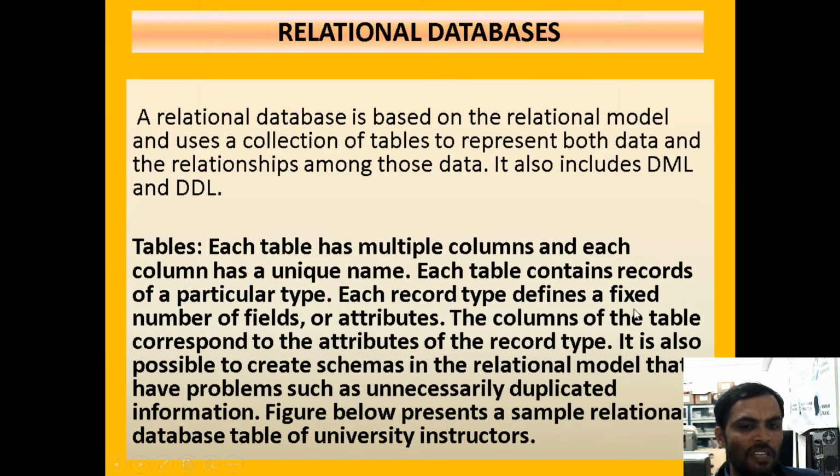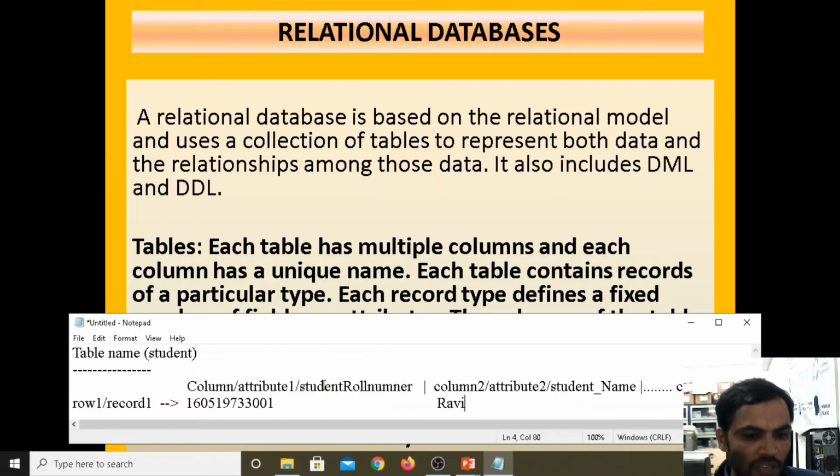Each record type is defined as a fixed number of fields or attributes. For example, for student roll number only numeric values should be there. A particular type of value should be inserted under the particular domain. This we call the domain of the student roll number.